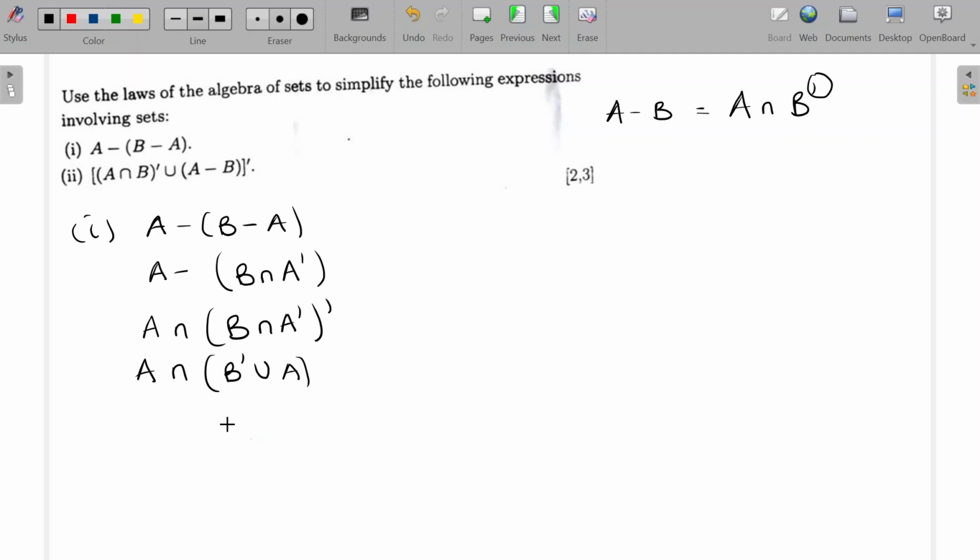When you reach this point, you distribute the A intersection.